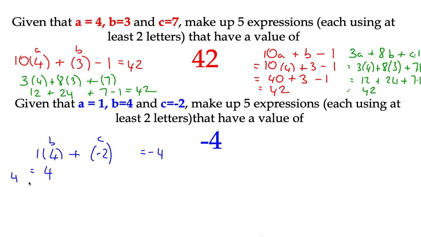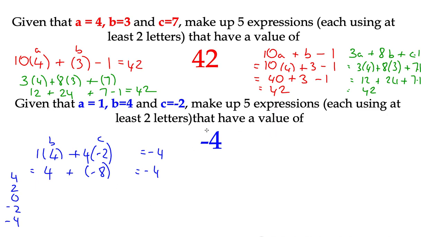If I add 1 lot of negative 2, it takes me down to 2, another 2, another 2. If I take away 8, I'll get down to negative 4. That's basically 4 lots of negative 2. So I've got 1 lot of B, and if I then add negative 8, that gives me negative 4.